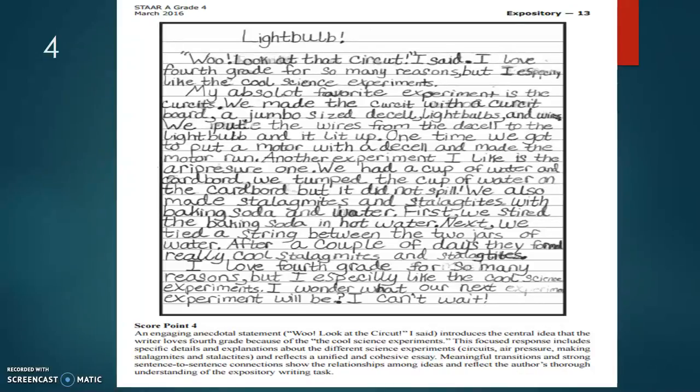And can you provide examples, facts, details, and explanations to support that topic sentence? And can you do it in a thoughtful way? Can you show them that you know how to write complete sentences with correct grammar, spelling, conventions? And can you bring them into your story and let them truly hear your voice? That's what this writing is all about.